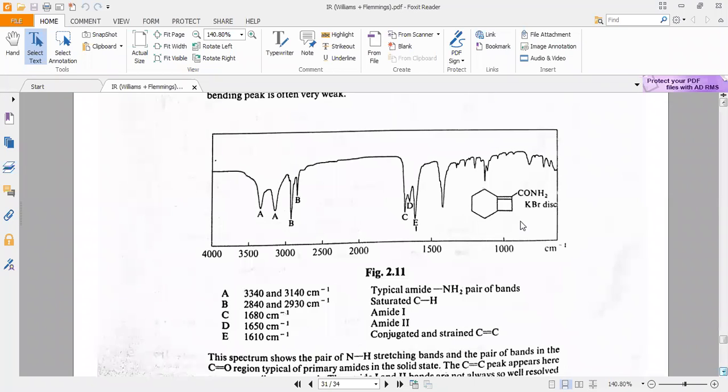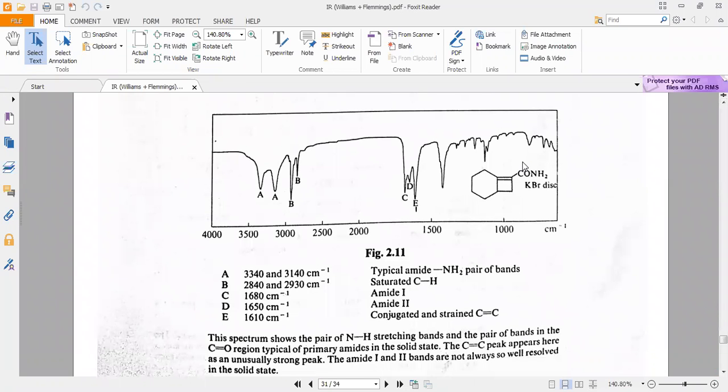Similarly, look at this molecule. We have a carbon-oxygen double bond, and this is an amide, with a nitrogen-hydrogen single bond and a carbon-carbon double bond. We are getting two such signals, at 3340 and 3140.